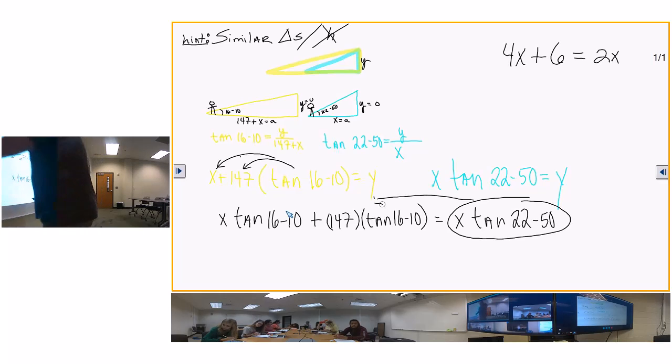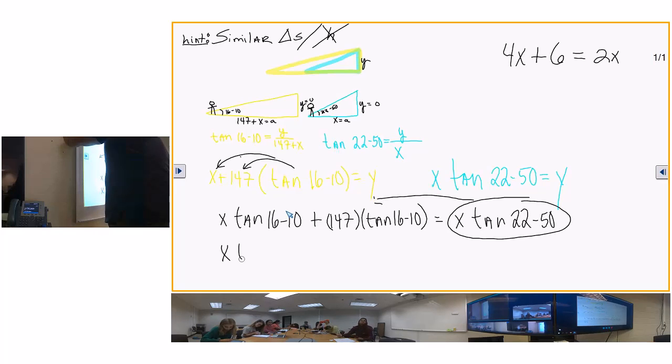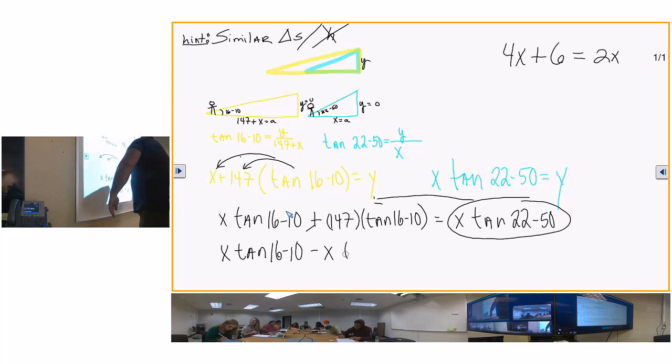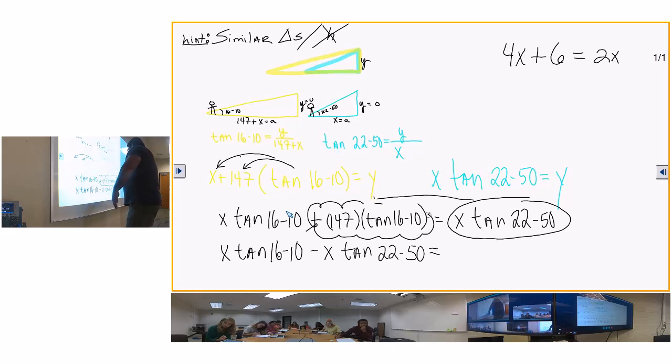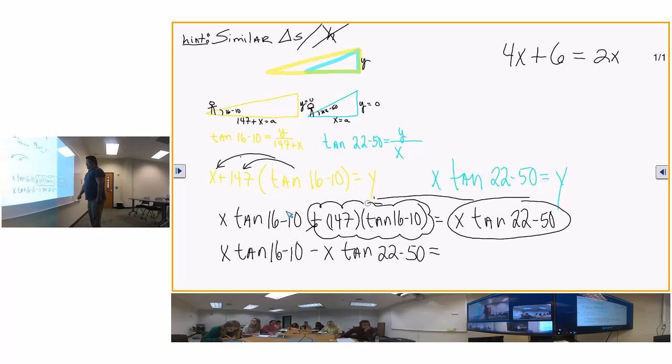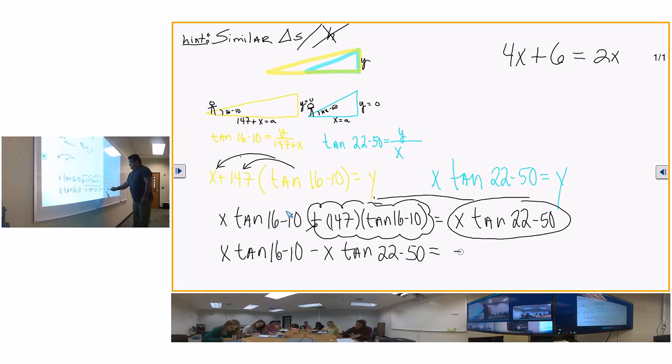And that gives me x tan of 16.10 minus x tan of 22.50. And what am I going to do with this guy? I'm going to take him across the river and he's going to become a negative. Negative 147 times the tan of 16.10.